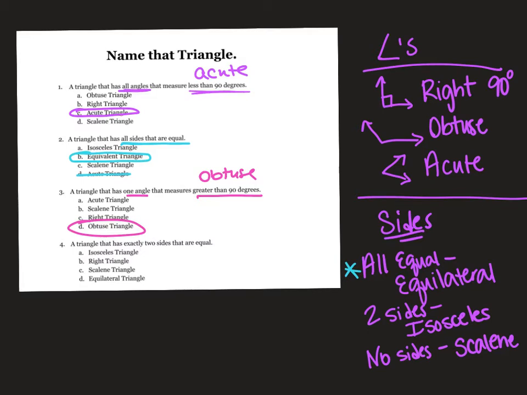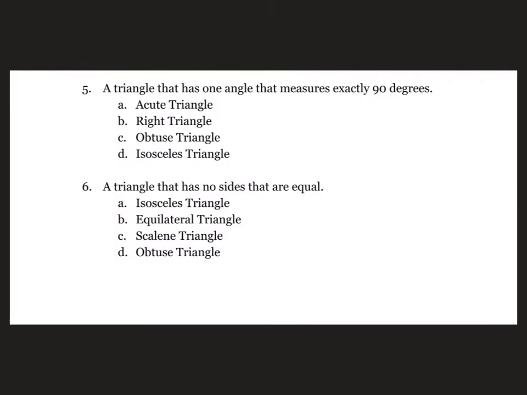So you can only have one obtuse angle in a triangle. But once you see that, you know it's an obtuse triangle. All right, number four, a triangle that has exactly two sides that are equal. So if they have exactly two sides that are equal, remember, you have two eyes, it is isosceles. All right, two more questions on triangles, then we'll get into the quadrilaterals.